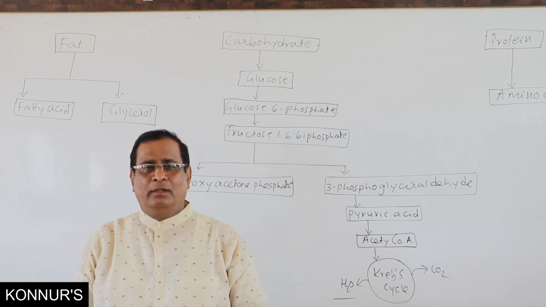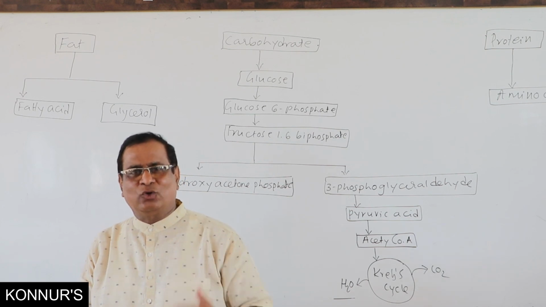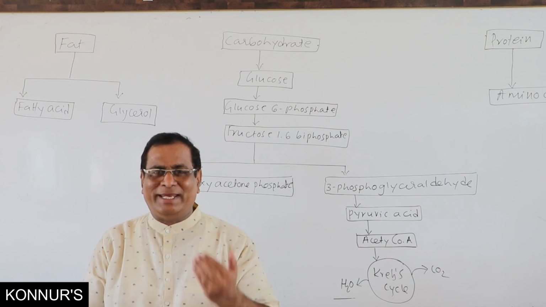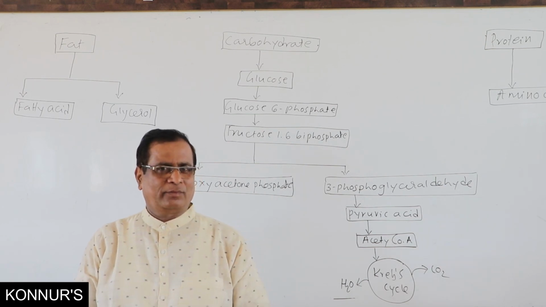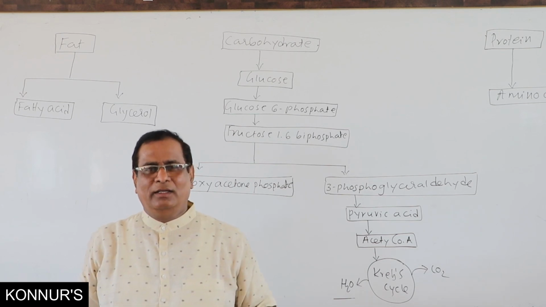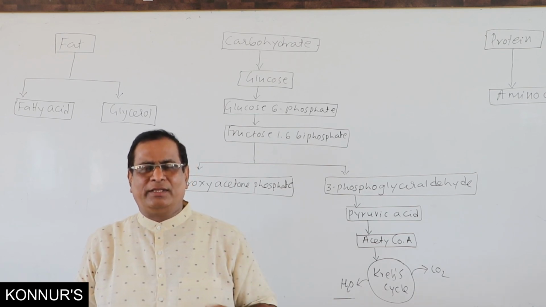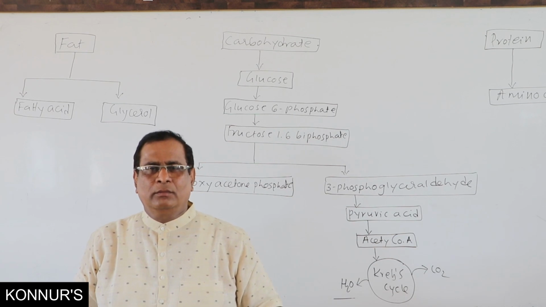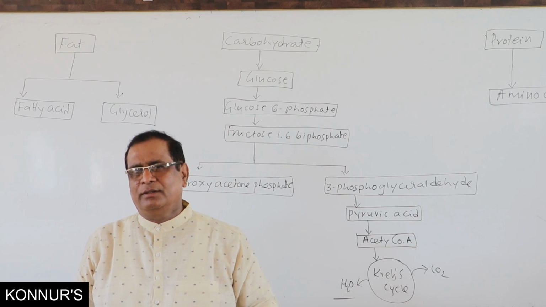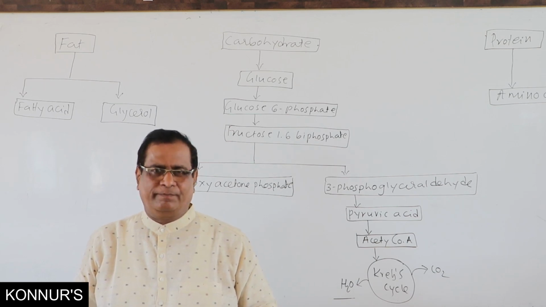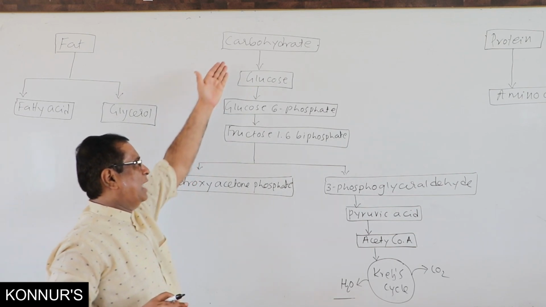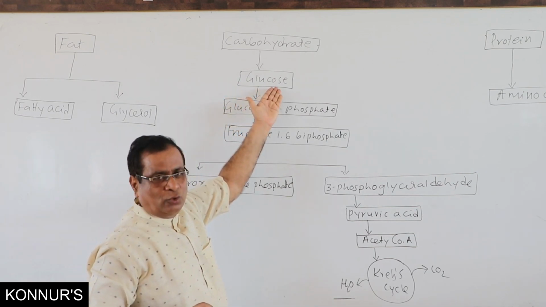Remember, even fat is also an energy yielder. Even protein can also yield energy. But the steps are a little different, though they are connected to the steps of carbohydrate. See here, in short form I have written carbohydrate, in which the main one is glucose.